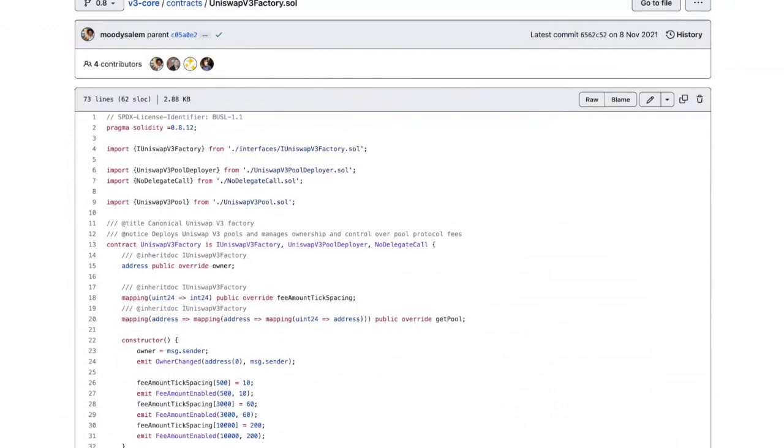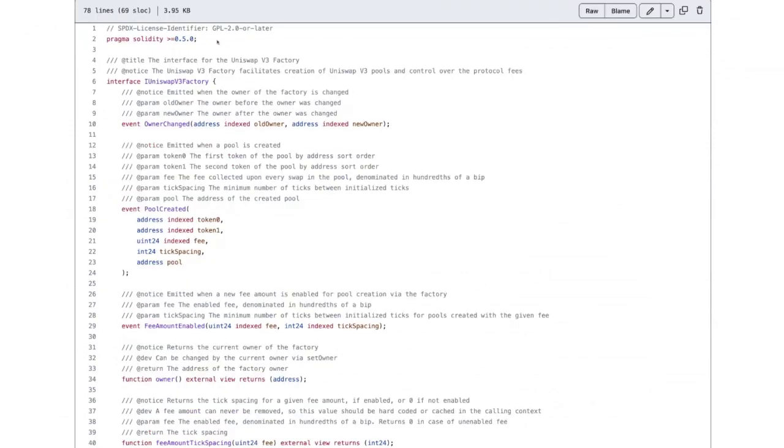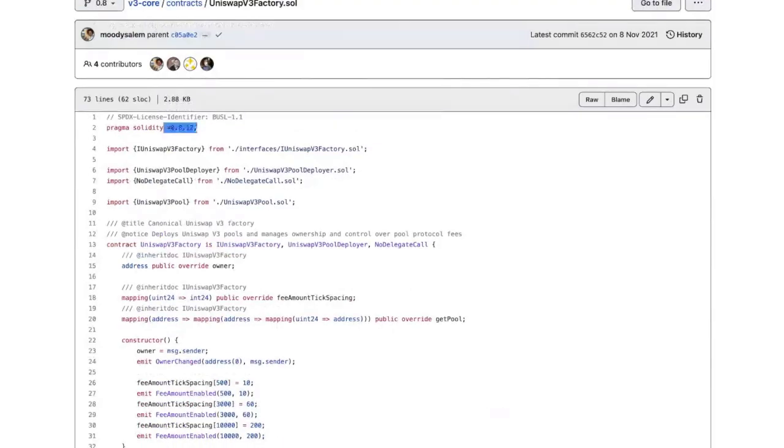So I wonder what the reason is for all the different ones. I guess you don't have to update this. It will be compatible with the 0.8.12, which is here, and then for the rest of the repo. But yeah, I'm not exactly sure.